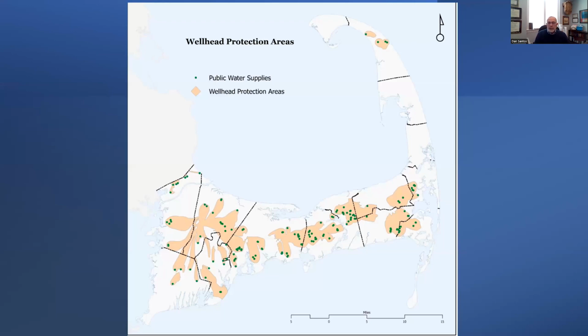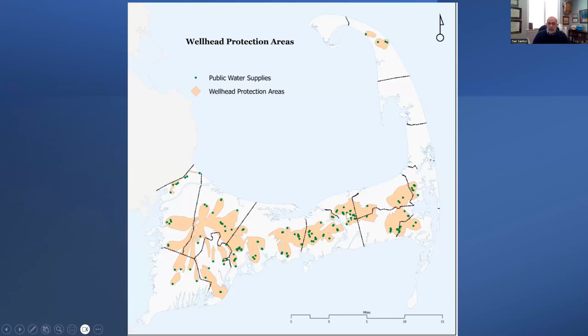But as managers, it's important that we protect the areas around our wells. So here's a map showing the wellhead, and that's what a well is called, well or wellhead, protection areas on Cape Cod. And the green dots are the actual drinking water wells, the municipal public drinking water wells.